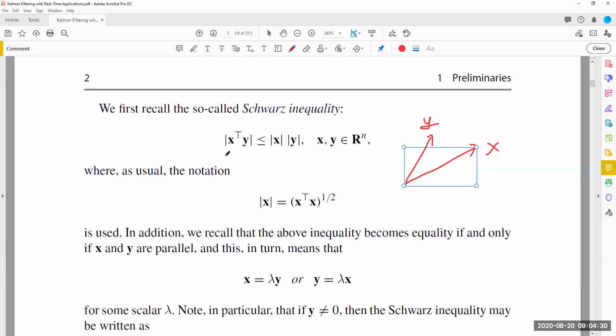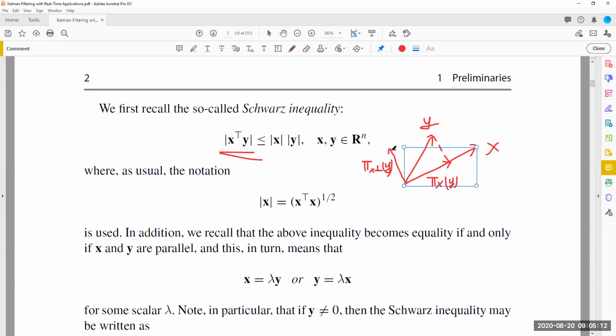The left-hand side is the inner product, x transpose y. What we can do is project y to x. Then I can project y here, so this vector will be the projection of y to the orthogonal space of x.